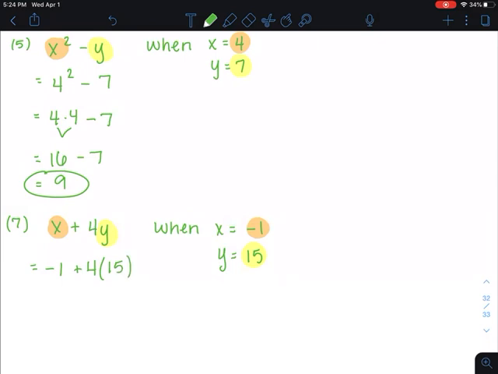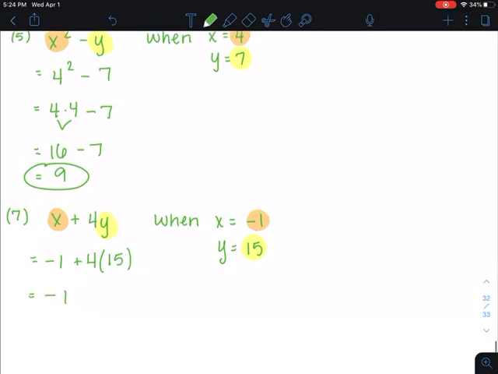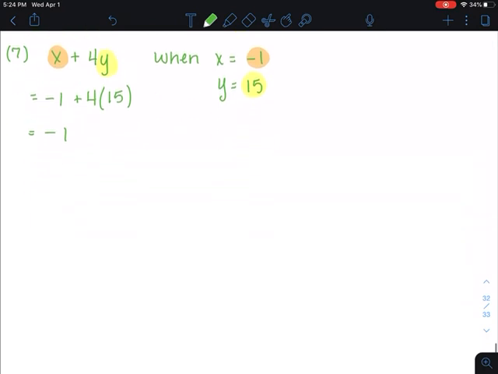So I have -1 plus 4 times 15. So again, order of operations, PEMDAS. 4 times 15 is 60. And -1 plus 60 is -59. I'm sorry, positive 59. Positive 59.